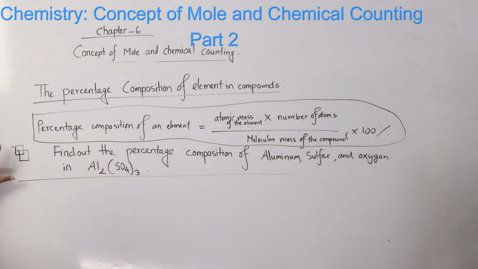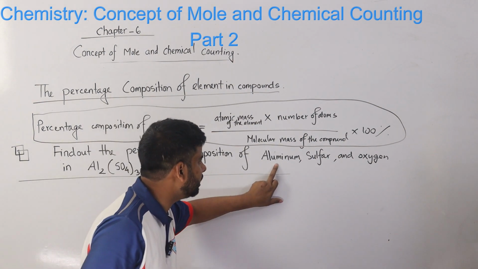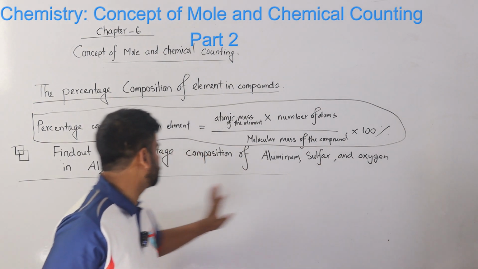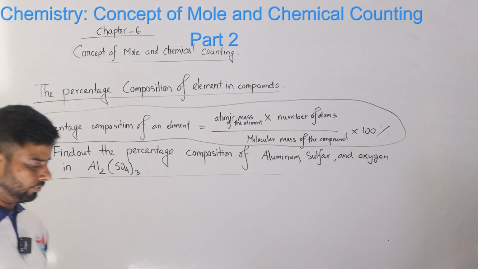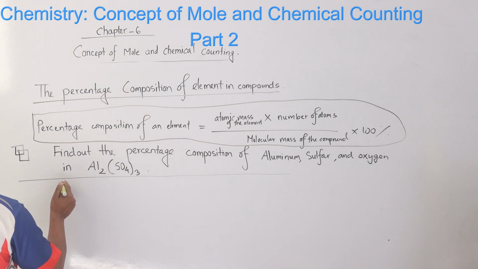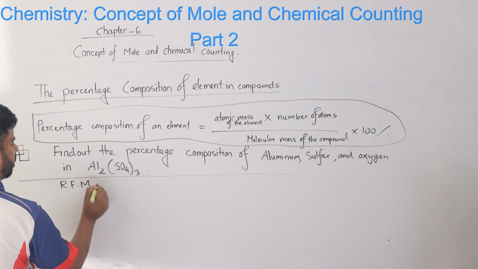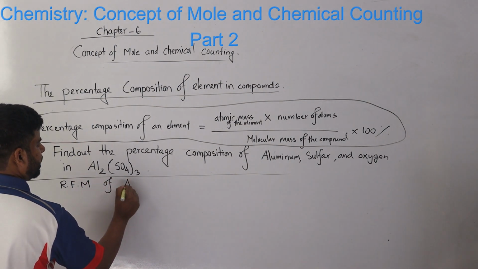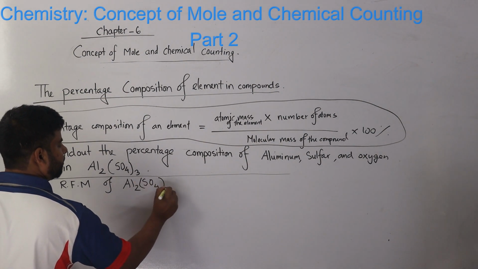Now we want to find out the percentage composition of aluminium, sulfur and oxygen in aluminum sulfate. First we have to find out the relative formula mass or molecular mass of aluminum sulfate, Al2(SO4)3.